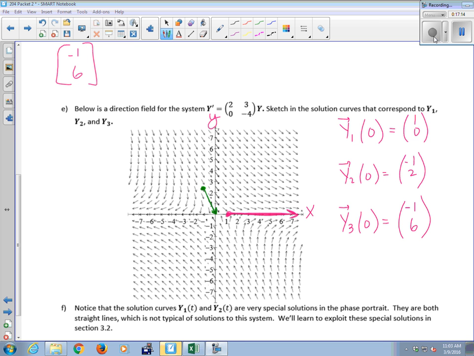It's really hard to tell with just a direction field, but that actually is a straight line pointing right at the origin. Again, this is a drawback of the direction field and its qualitative nature. It's hard to tell. But I'm telling you that that one goes directly to the origin.